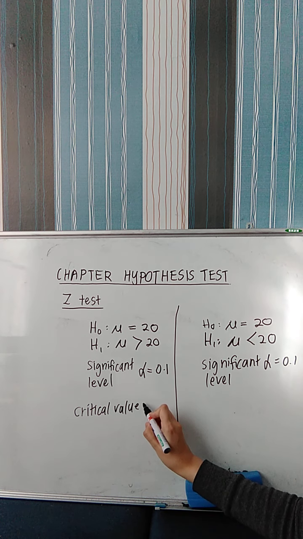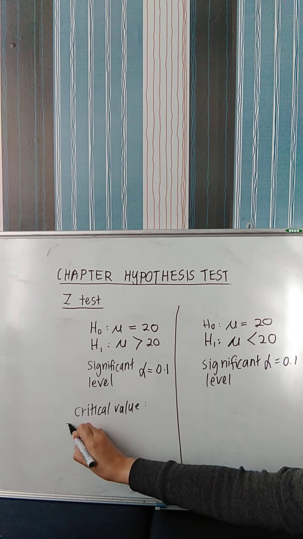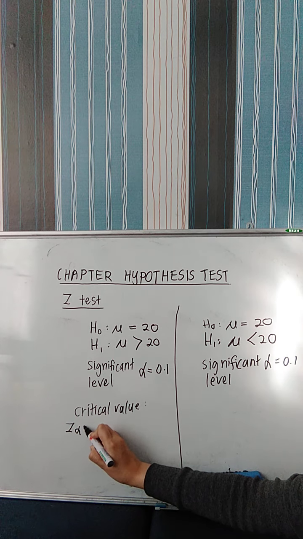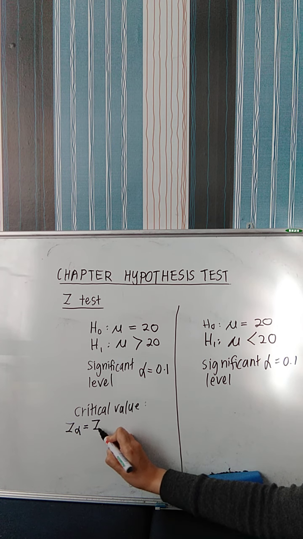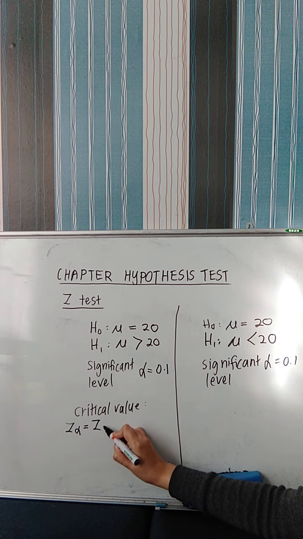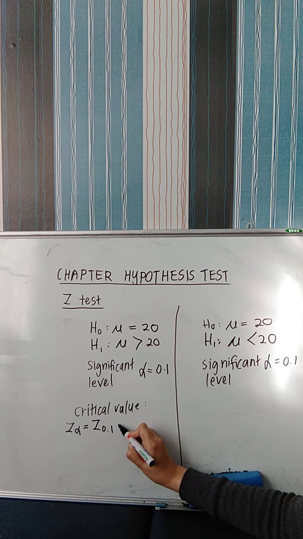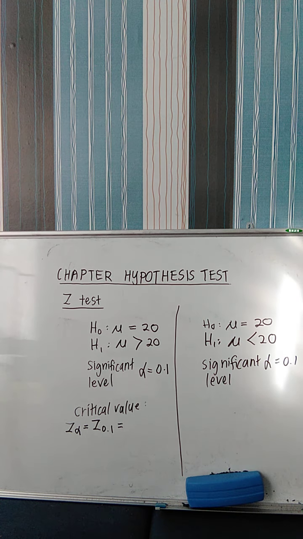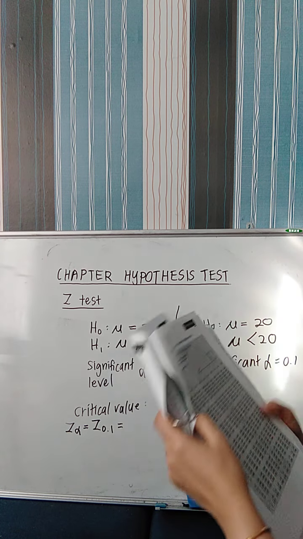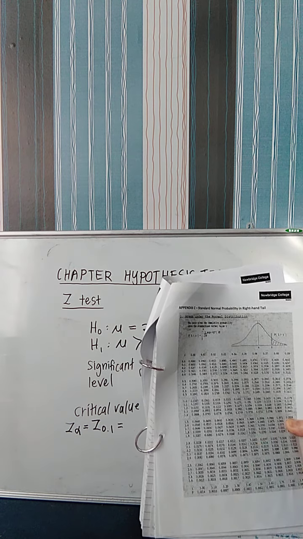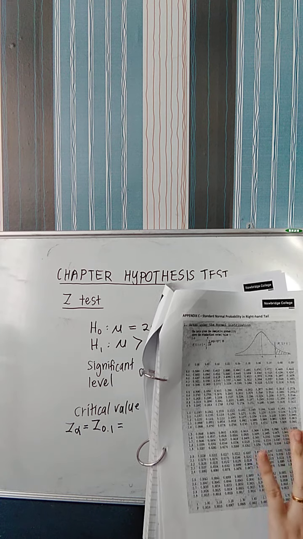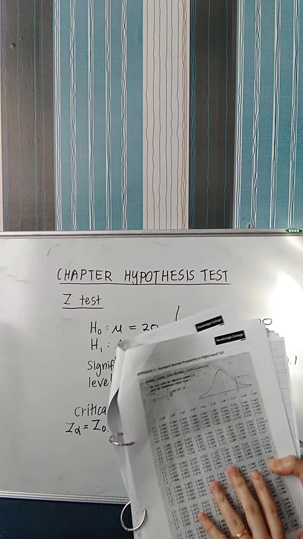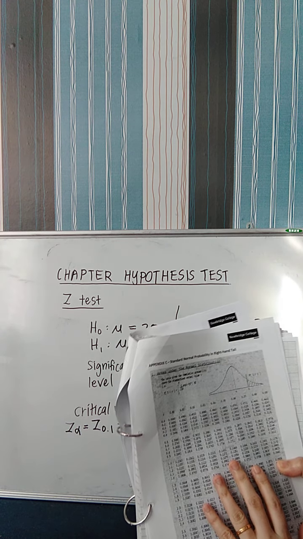How to find the critical value? Z alpha equal to Z, and the alpha given is 0.1. So how to read 0.1 from the table? This is different between this subtopic and the chapter on normal distribution.